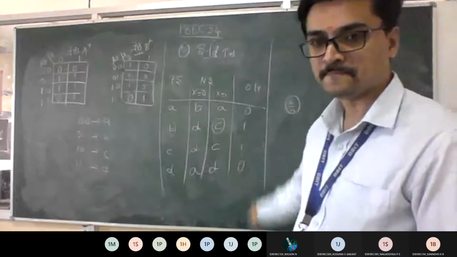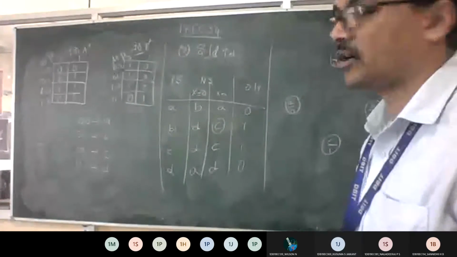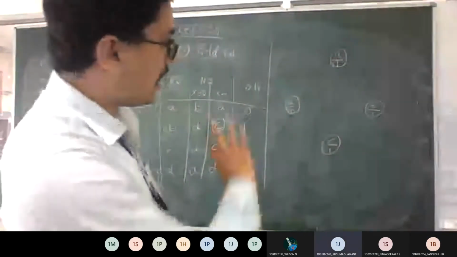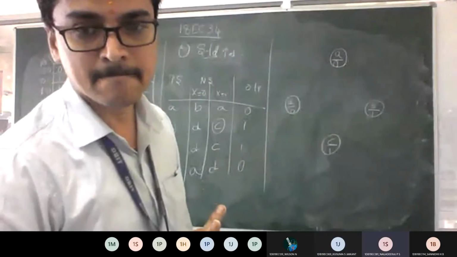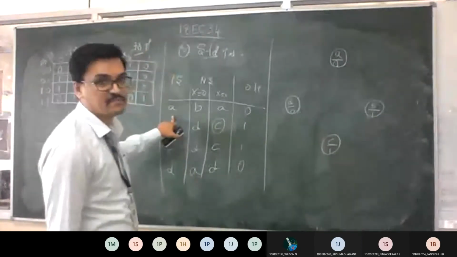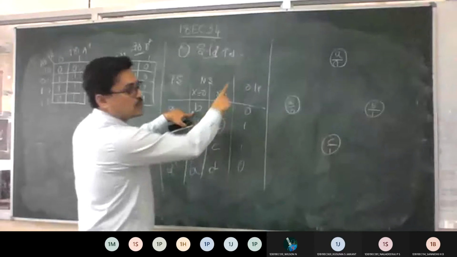Is that understood? Yes, sir. Everyone, is it fine till here? Outline marking of the Moore model, okay? Yes, sir. So now tell me, look at here. I am at present state A. If input is 0, it goes to the next state.